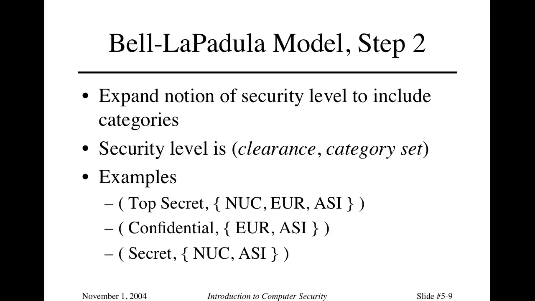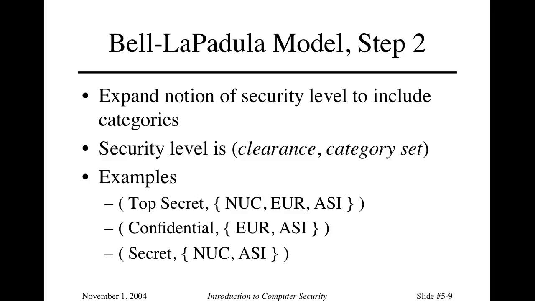So we can further develop the idea to more complex systems. In the previous example, we only have a clearance level or classification level assigned to the subject or object. But in the real world, we may assign categories to subjects and objects as well.